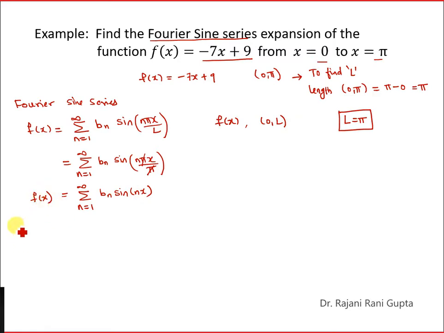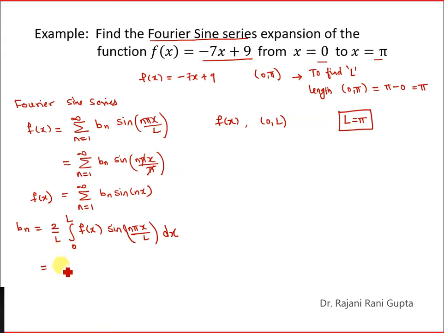To find bn. So bn is given by 2 over L integral 0 to L f(x) sine(n pi x over L) dx. This is the formula for bn.